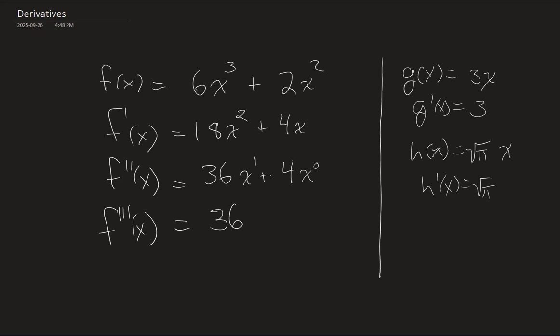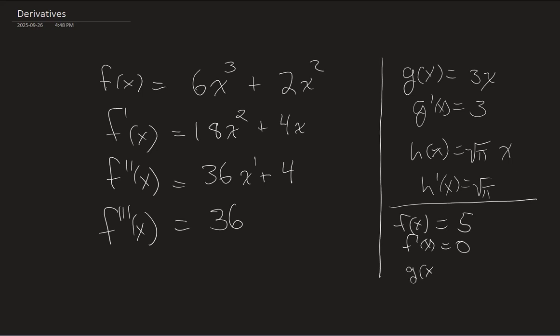And 0 times 4 is just 0. And so the derivative of a constant is always 0. So anytime you have just a number, its derivative is 0.